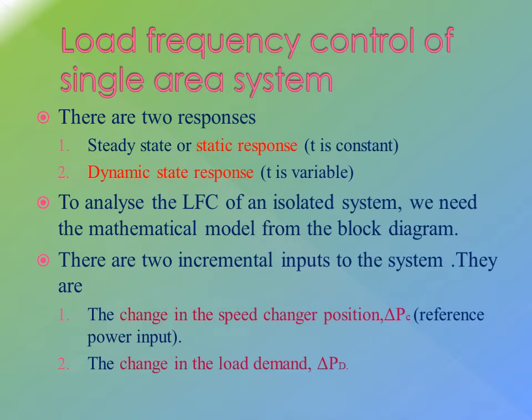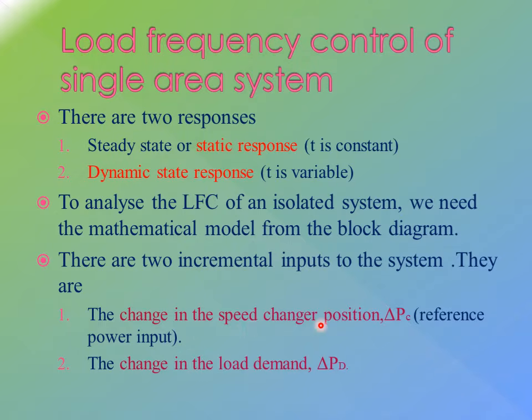First, we are going to do the analysis for the single area system. While designing our speed governing mechanism, we designed the block diagram for the single area system with the speed governor block, then your turbine block, and then the block for your power system load, right? In that block diagram, we have two inputs.